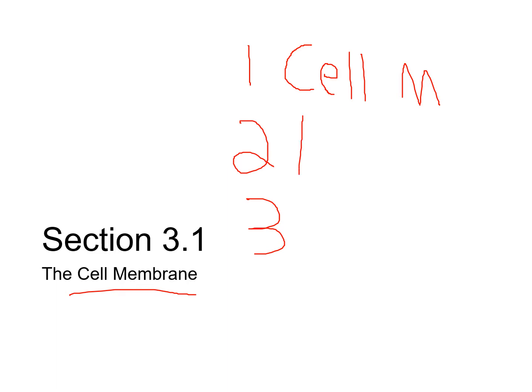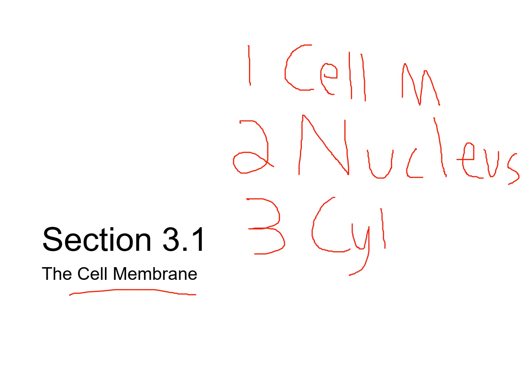Number two, some of you have heard this and seen this, a nucleus. More than 99% of the cells in your body have a nucleus. And then everything inside of the cell membrane that's not considered the nucleus is floating in this kind of water jelly-like substance called the cytoplasm.